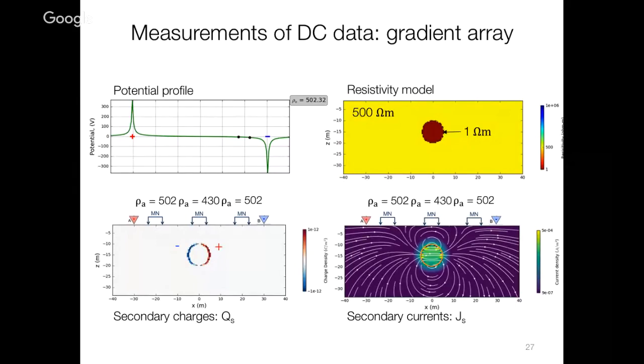So in the end, as we're doing a profiling experiment here, moving this over, we end up with values that are 502, 430, and 500. But you see, if you're doing that, you can still get some indication of, oh, it looks like there's a low resistivity in there, so maybe there's something there.